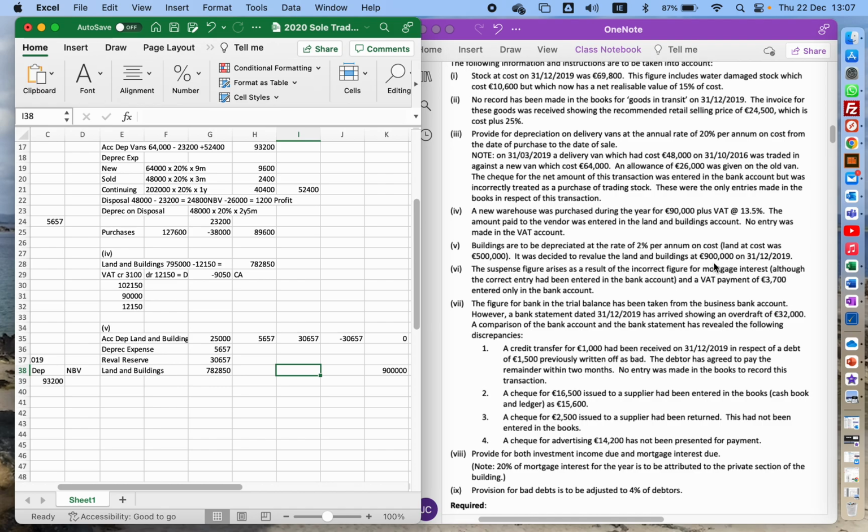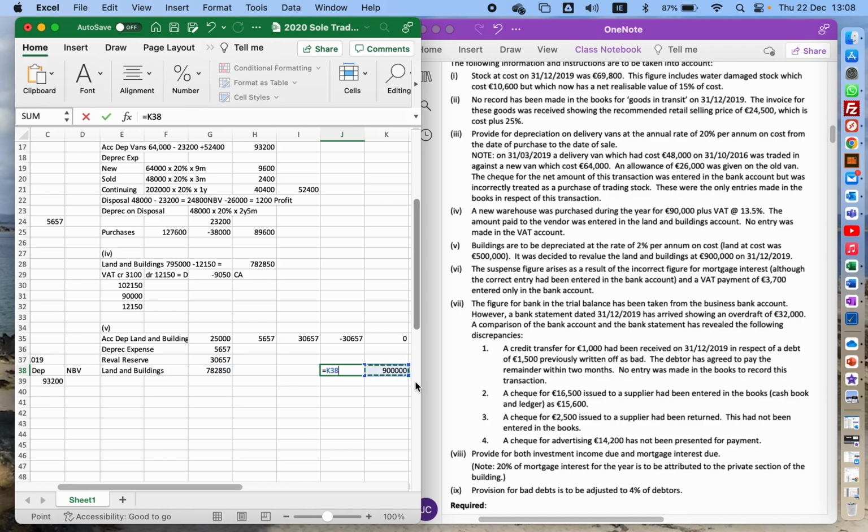So that means that my revaluation reserve is going to go from 782 up to that. So the total figure there is 16, is that correct? Quickly checking my maths, that doesn't look right to me. So 900,000, no, I'll do that again.